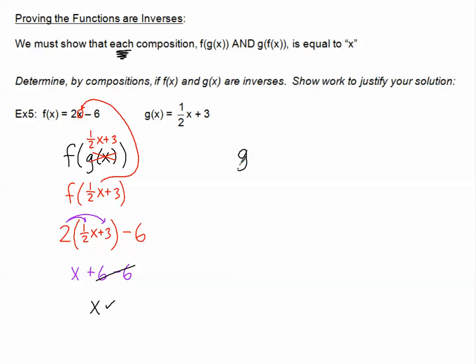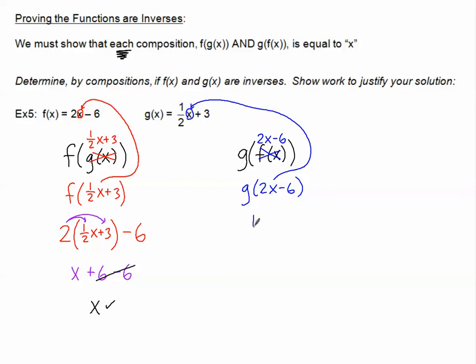Now over here, let's do g of f of x. We have to do both compositions. Very similar. I'm going to scratch out this f of x, and I'm going to put 2x minus 6 in its place. So we're really looking at g of 2x minus 6. That means the 2x minus 6, we're going to pick it up, and we're going to plug it right in here to the g function, right in place of this x.